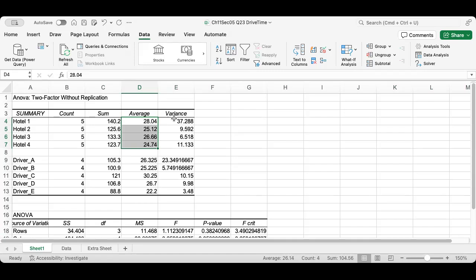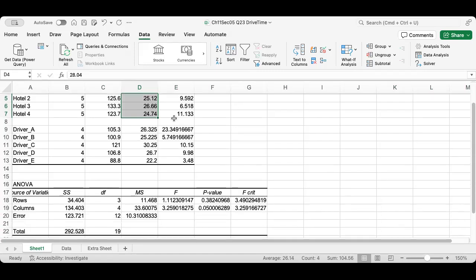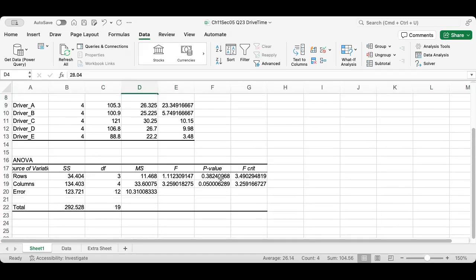Driver, that might make much more of a difference. Problem is here that it isn't a clear-cut decision. I will say that driver has more of an effect than hotel does because the p-value for driver is substantially larger. Sorry, for driver is substantially smaller than the p-value for hotel. And the closer it is to 0.05, the more of an effect it has.